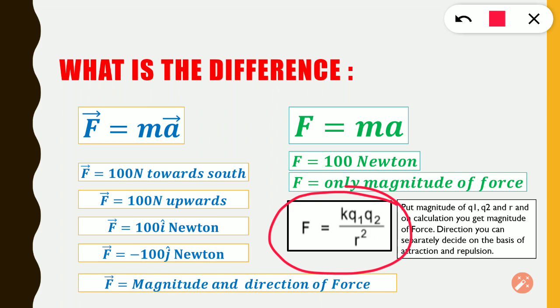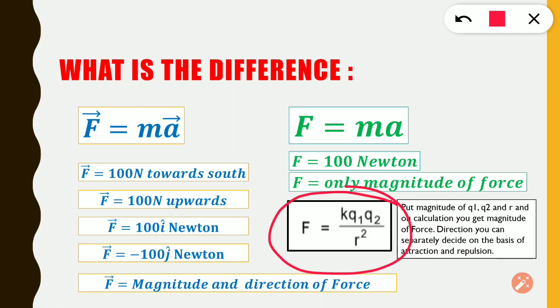You have to calculate the force, and mention what is the direction of that force or those forces. Only one force is definitely not there. If it is asked between two charges, there are two forces. If it is clearly mentioned to find the force on charge q1, it means the question demands only one force.